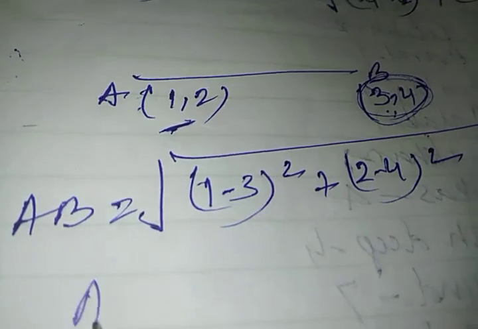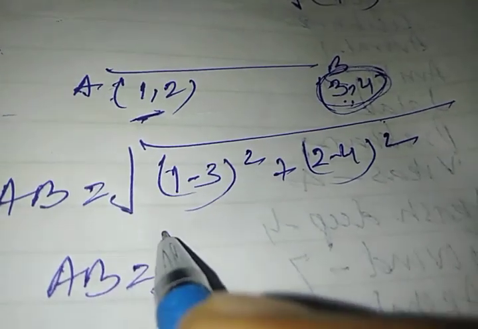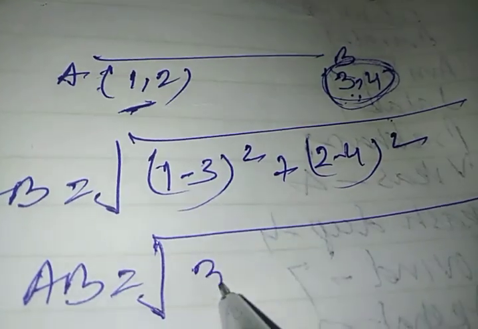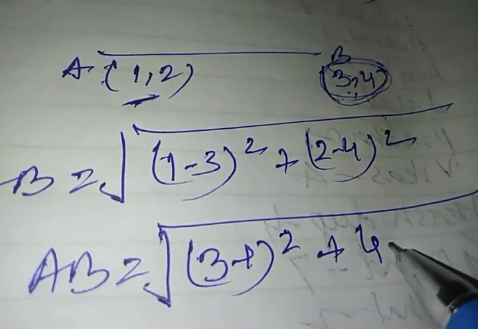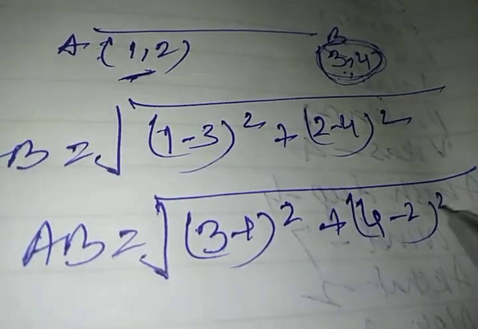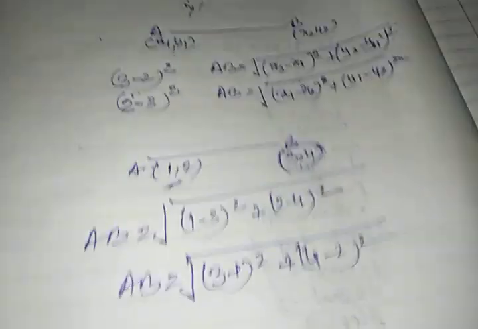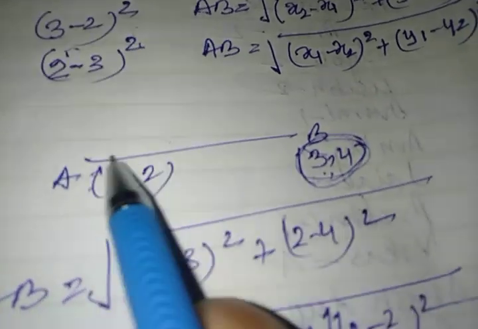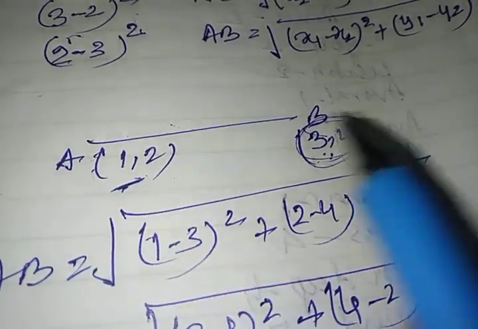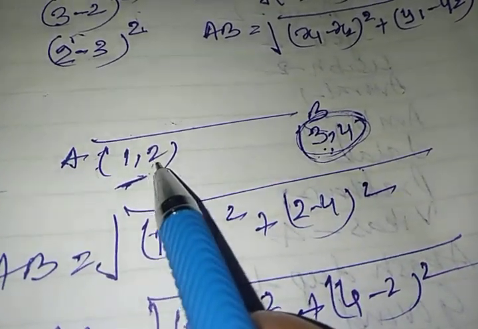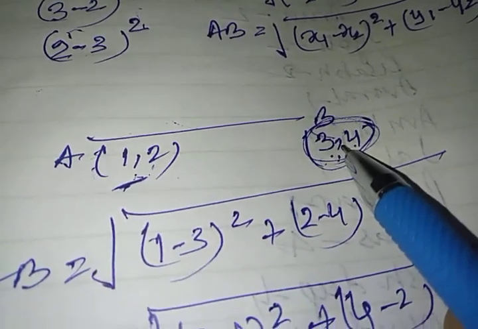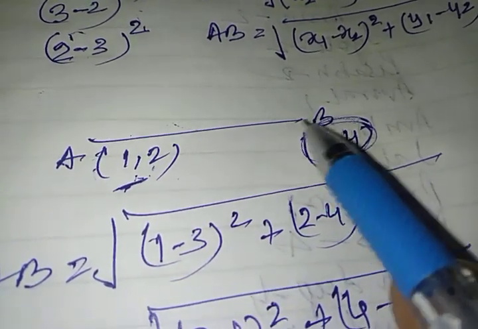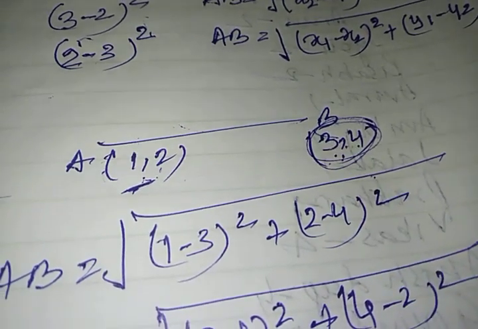In that case, AB will be equal to (3 minus 1) squared plus (4 minus 2) squared. Just remember, take any location and fix it. If I have fixed this, then from this the other points will be subtracted, and if you fix the other, then these points will be subtracted. This will avoid confusion while doing the numericals, right?